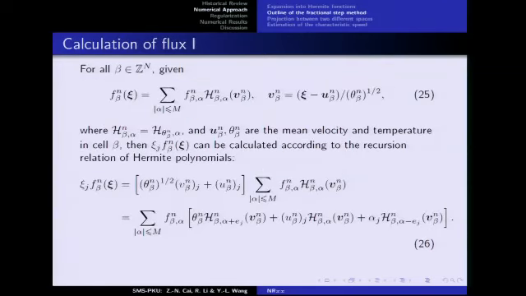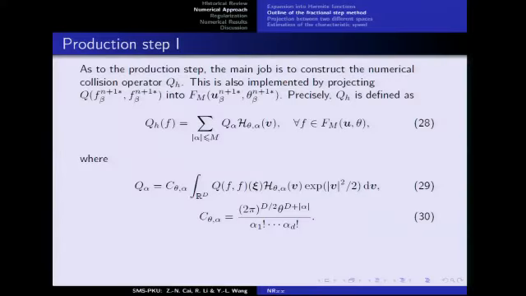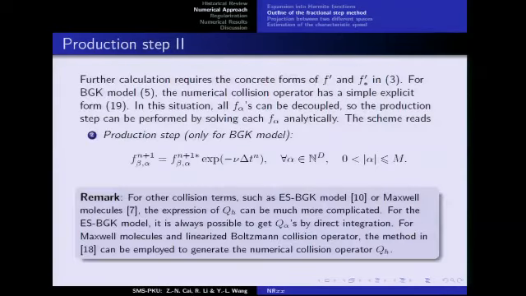The first thing, calculating this Q times the expansion, is very simple. We can directly use the recursive relation of the Hermite polynomials to give a very sparse expression. The other simple one is the production step, which is just an ordinary differential equation, and we can directly get the NRxx expression looking like this one.